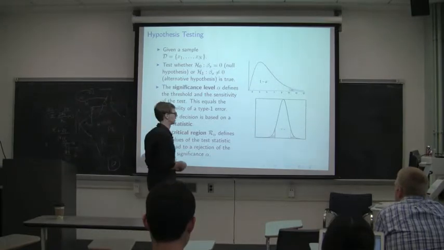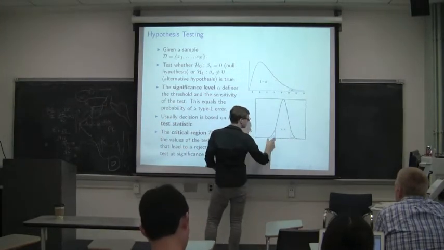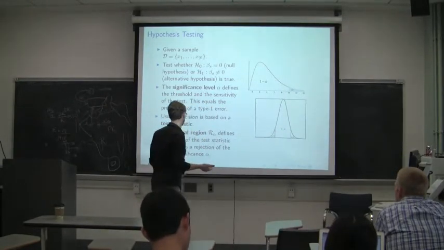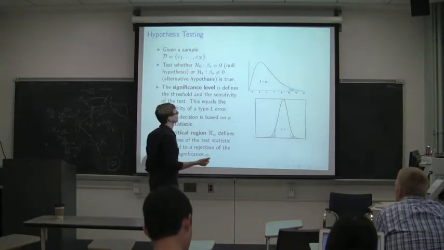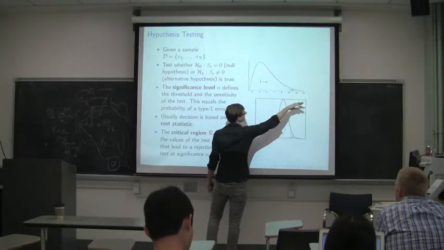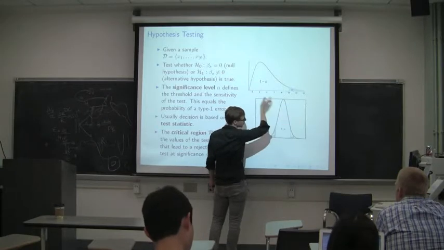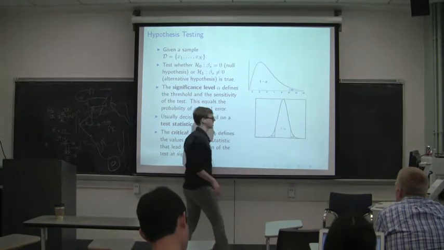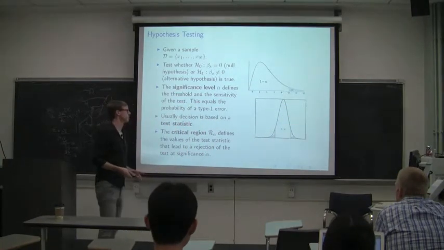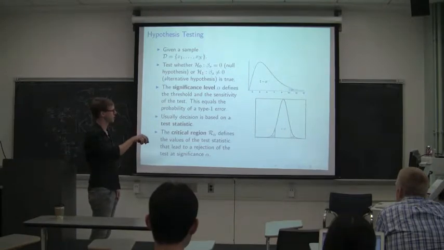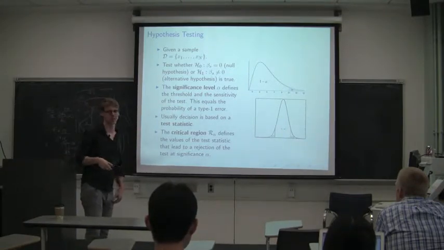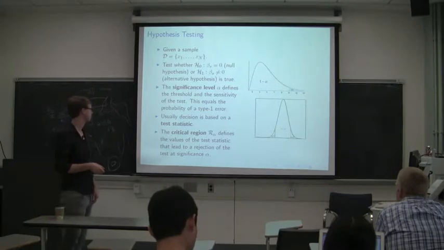It can be two-sided in this case. Usually these critical regions are at the extremes of the distribution. Either on one side, very large values or very small values, or on both sides, typically if you have symmetric distributions like a Gaussian around 0, around the mean.